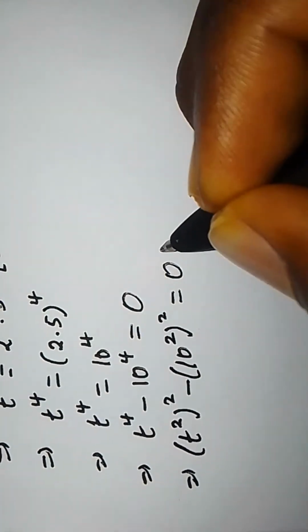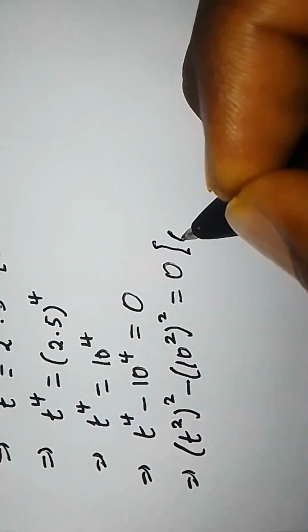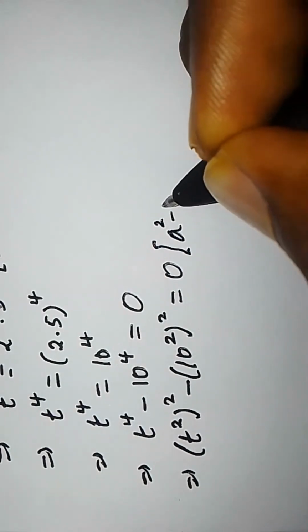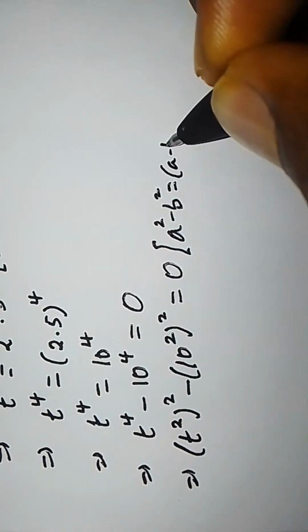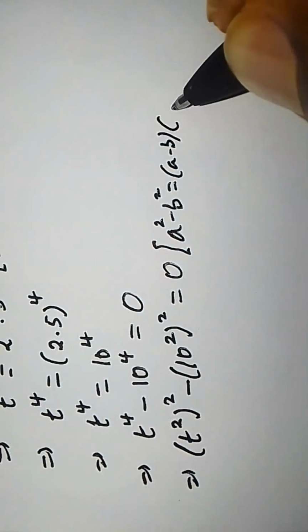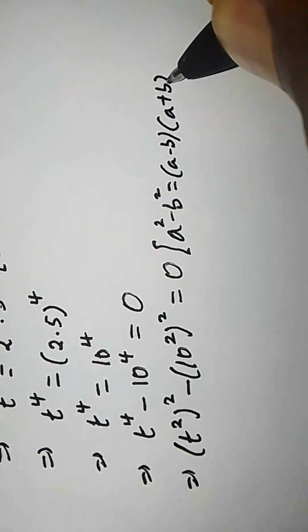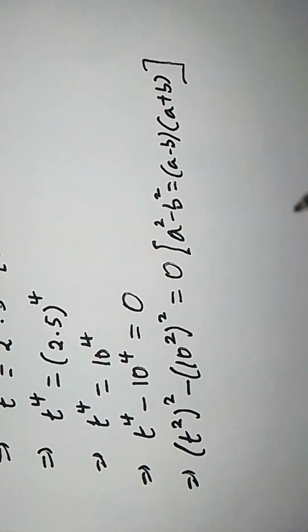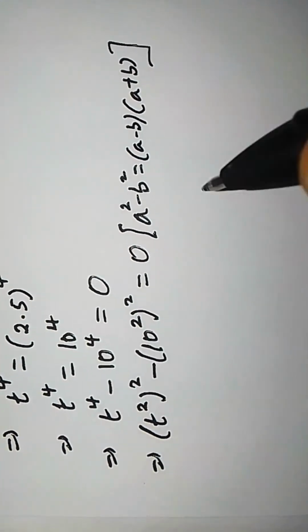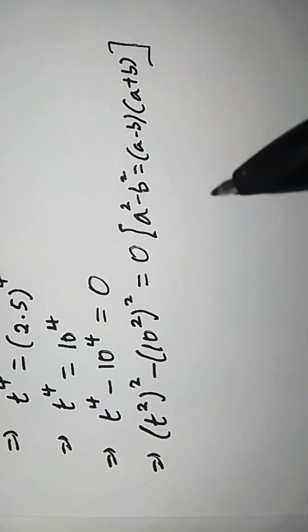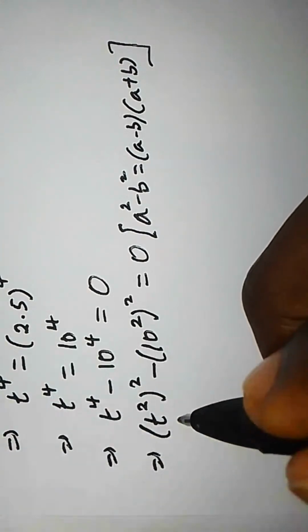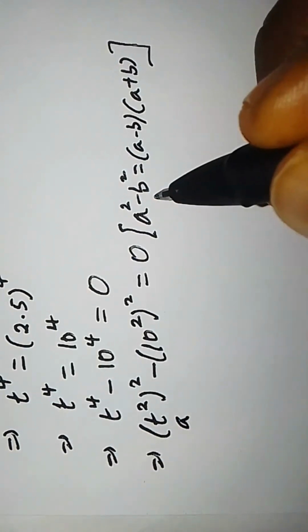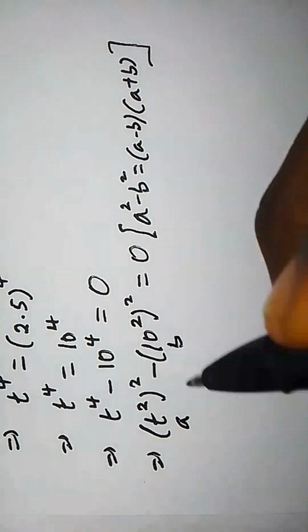Also, recall that a^2 minus b^2 is equal to (a minus b) times (a plus b). This is the difference of two squares. Applying this identity here, you will notice that our a is t^2, while b is what? b is 10^2.